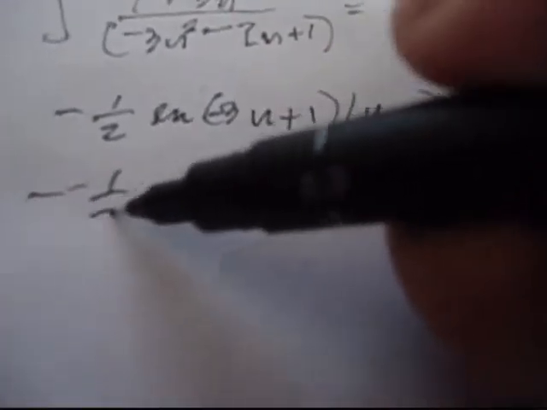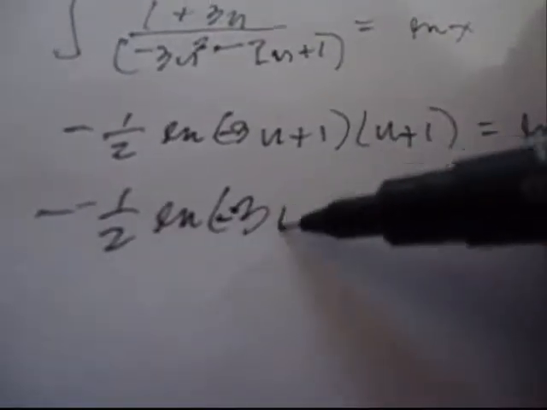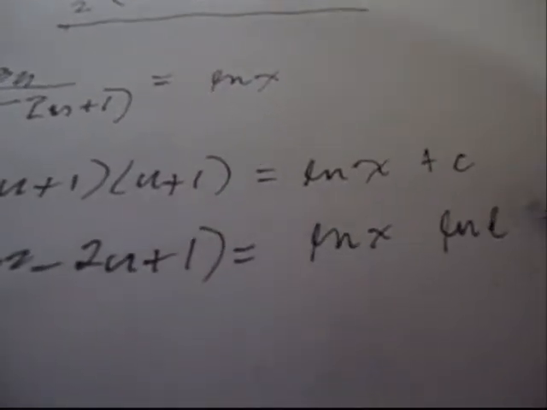And we can write this as negative 1/2 ln negative 2u squared minus 2u plus 1 is equal to ln x, then ln of e to the power of c.